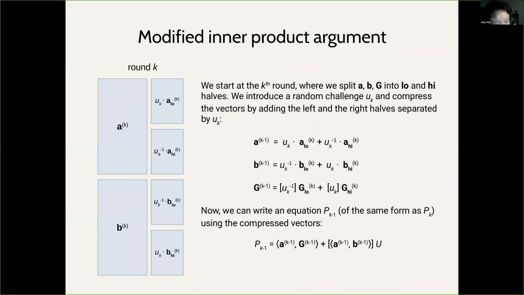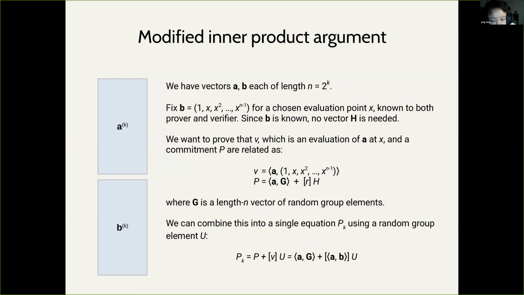If we go back to the previous slide, so basically we have P_k that is a linear combination of these two relations that we're interested in proving.